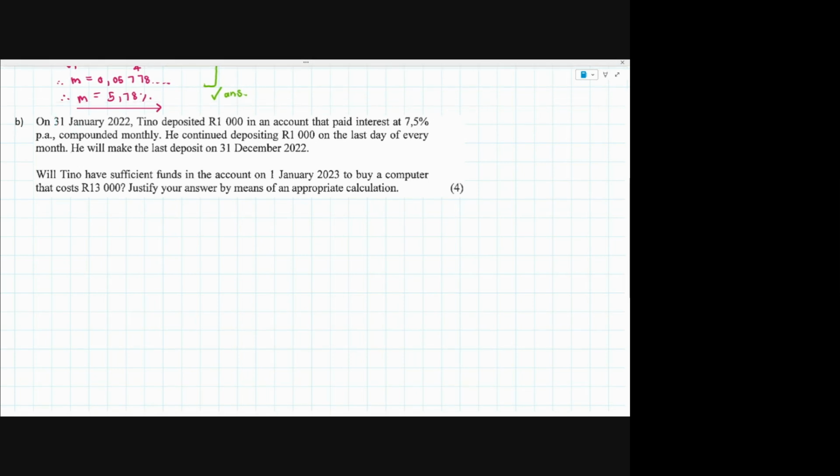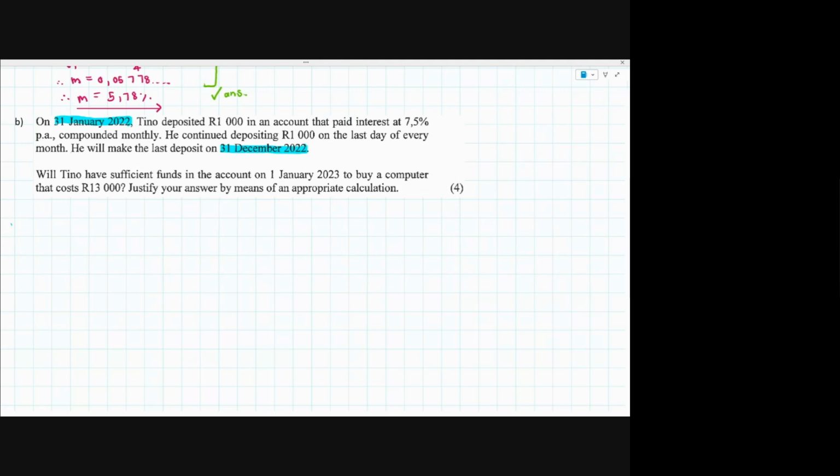First things first, we were told that on the 31st of January 2022, the first deposit was made, and the last deposit was made on the 31st of December 2022. Now, this seems really silly, but if you struggle with understanding how many payments are being made, count it on your fingers. Obviously, if it's a year gap, you can shorten that process.